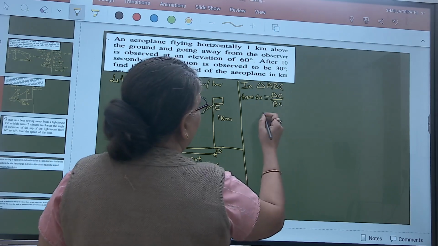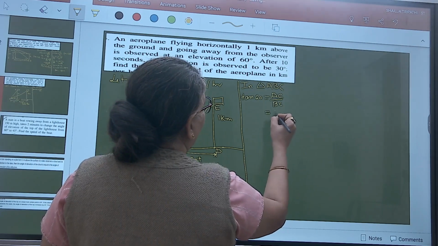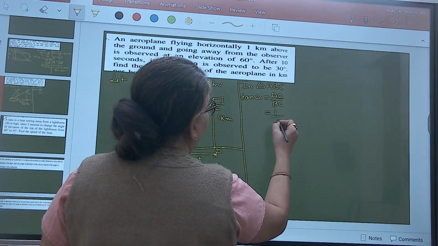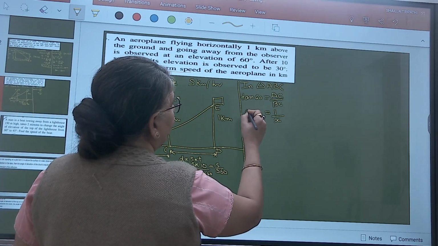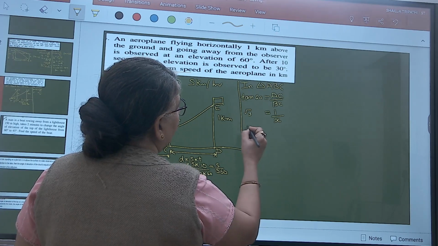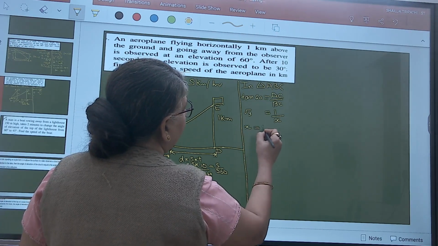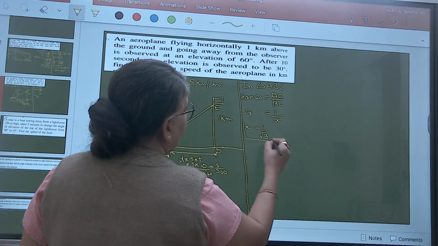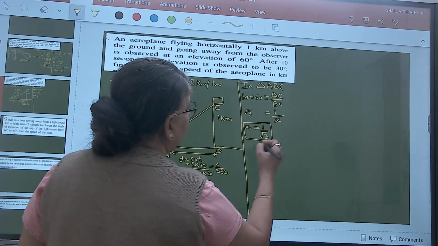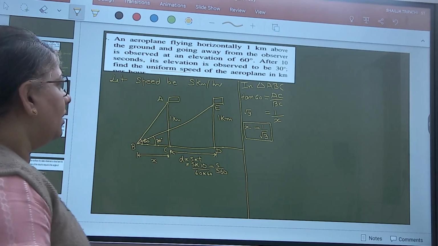AC is already given 1 kilometer and BC we have assumed it to be x. Tan 60 is root 3. So the value of x is 1 upon root 3. So this piece of information will be useful in solving the question.